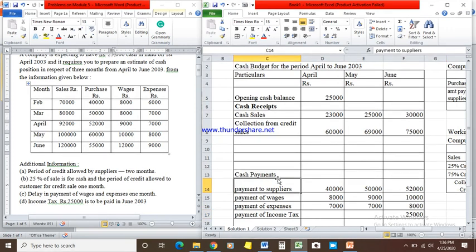Once we have completed all the receipts and payments, now we need to close this cash budget month by month. First I'll close the first month, April. I'll take the total of all, so this becomes my total cash receipts.